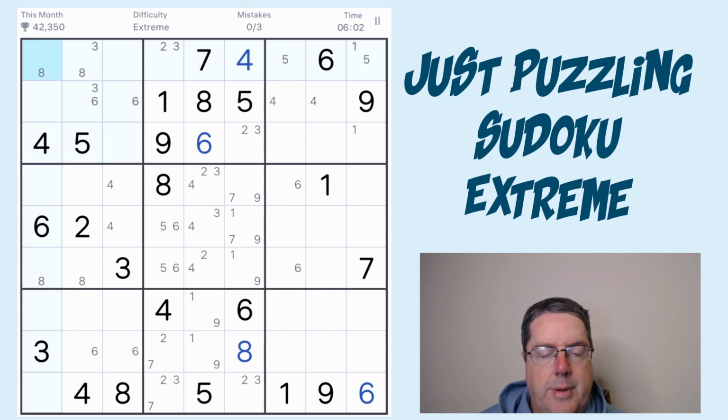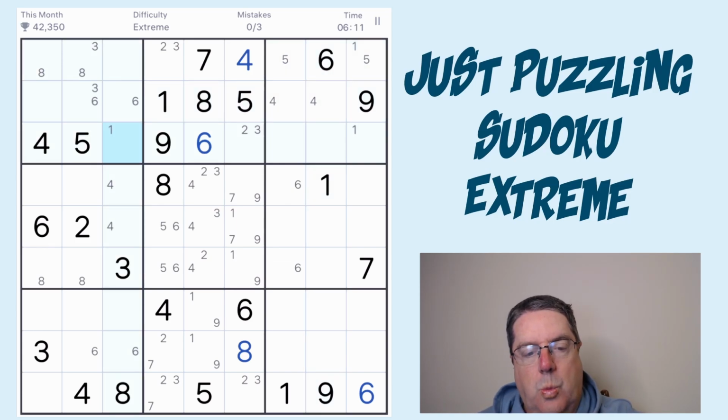Looks like I'm going to have to start putting some notes in because I'm not seeing anything that's standing out at the moment. So let's have a look. 1 and 1, 1, 1, 2, 3's there, 4's there, 5's there, 6, done, 7, 8 is the top, and 9 is the top row.